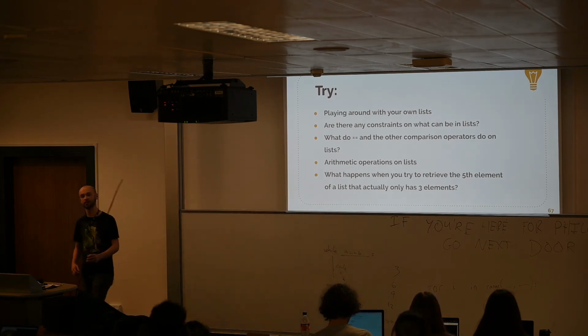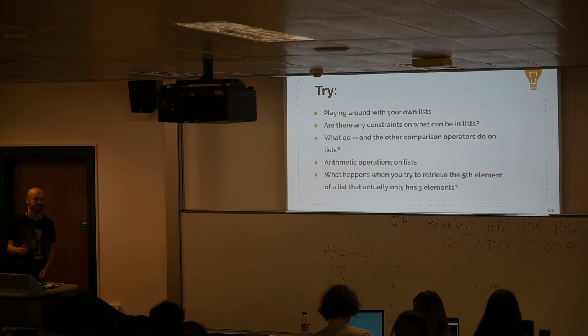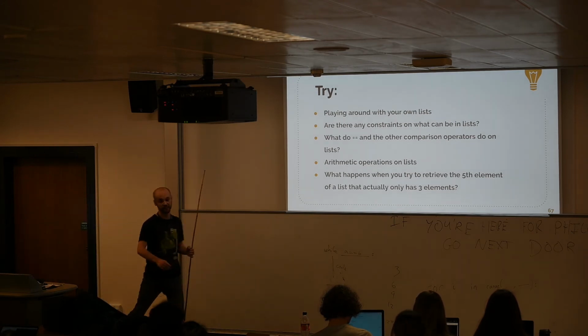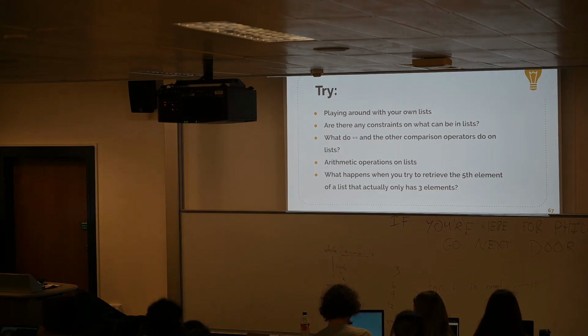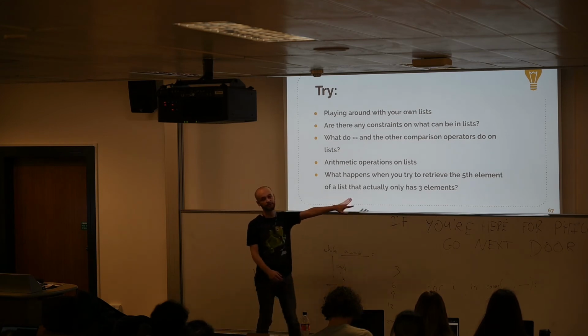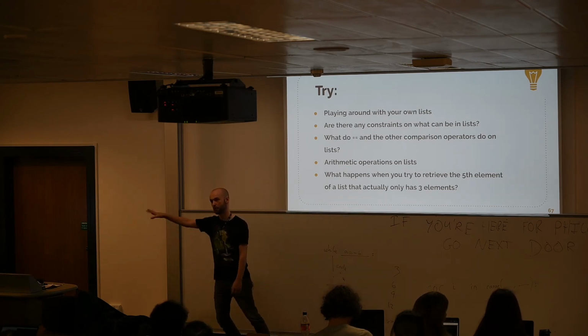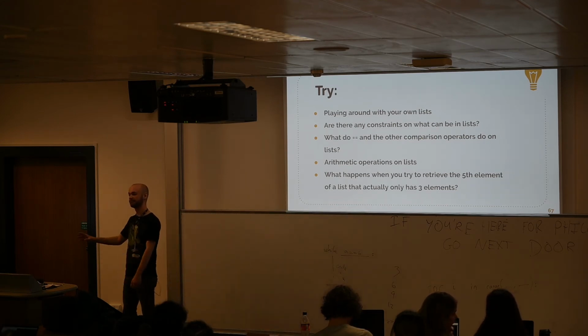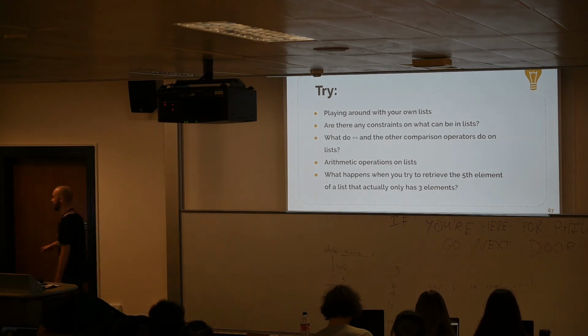But we're not going to see that on lists. Very good guess. The other guess was that there's an error, which is what I'm pretty sure is going to happen. It's going to say something like index out of bounds, which is saying the index you're trying to access is out of the bounds of the list. So the list is bounded by the fact that it's only got 3. So if you try and go beyond the third element, sorry, the second element, you're going to get an error.